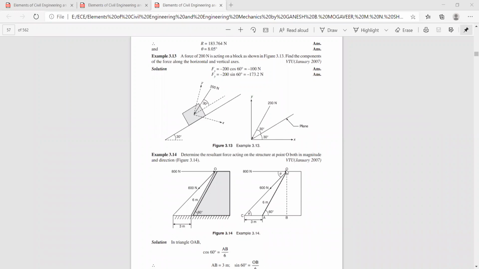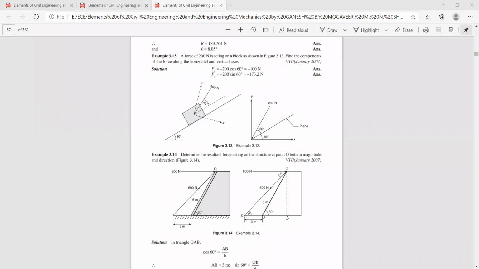You drop a vertical from point O and call this point B. Now you have to find AB. AB is nothing but cos theta. So cos 60 is equal to AB by 6, correct? Cos 60 is equal to the adjacent side by the hypotenuse, that is cos 60 is equal to AB divided by 6. So hence AB is equal to 3 meters.